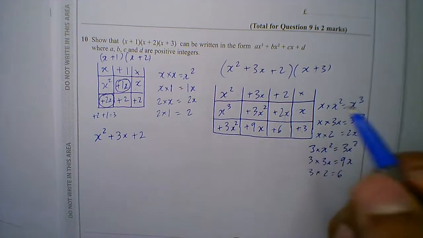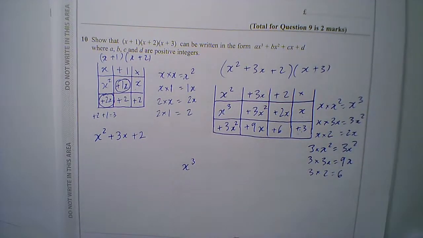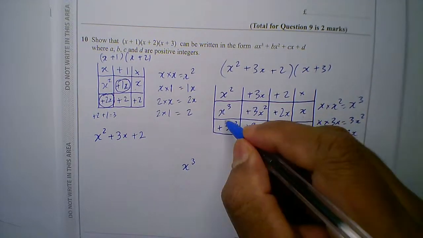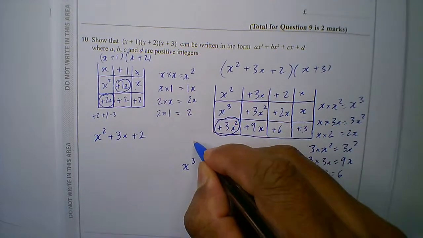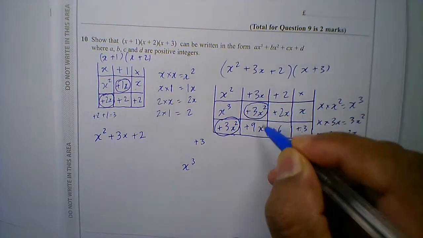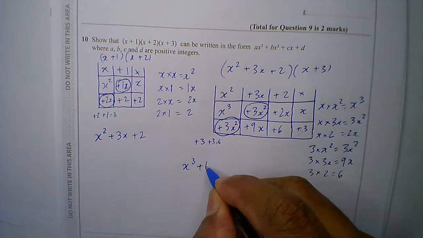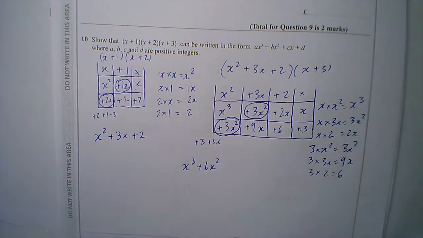So I've got x cubed here, so that is x cubed. I look at my x squared terms here, so this is 3x squared, so plus 3, and another 3x squared, so 3 plus 3 gives me 6, so that's 6x squared.